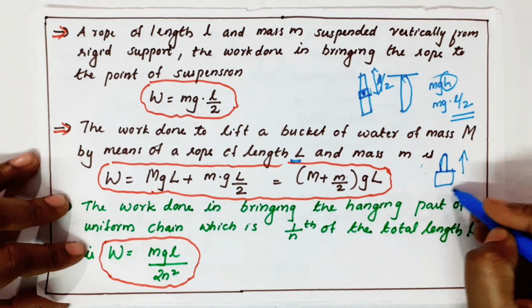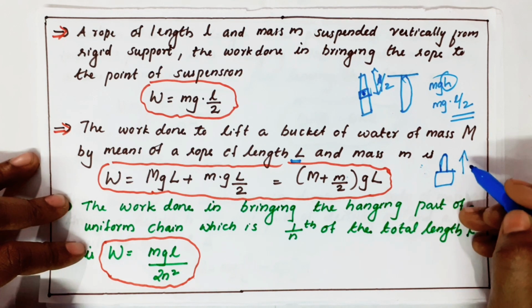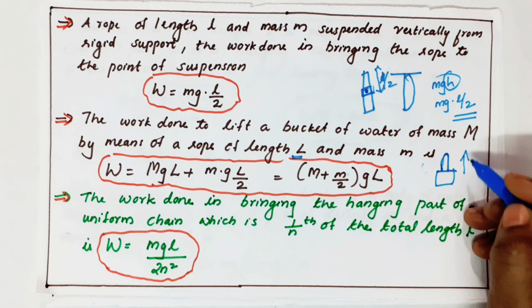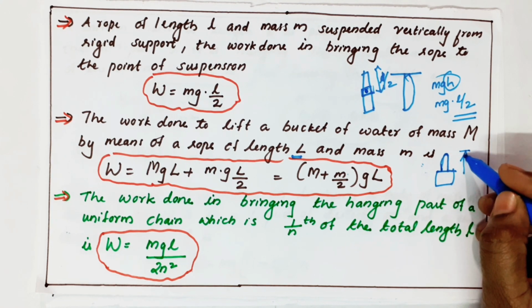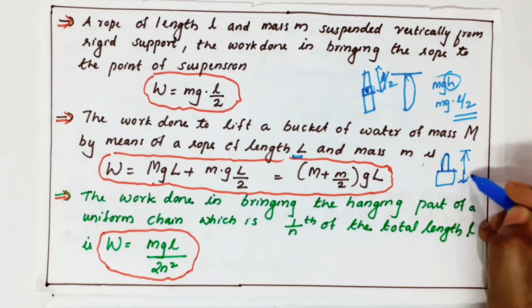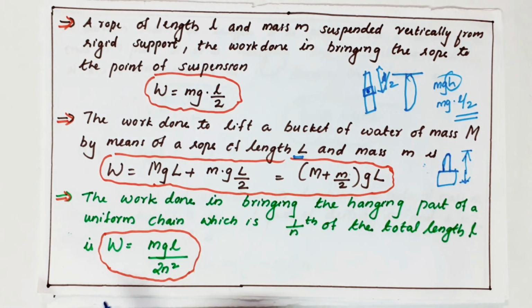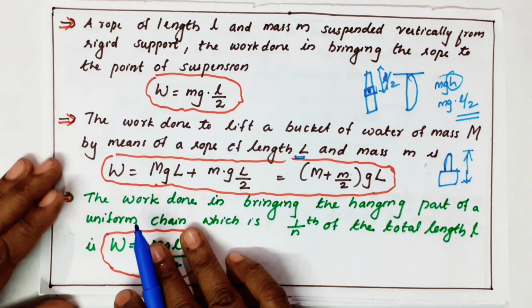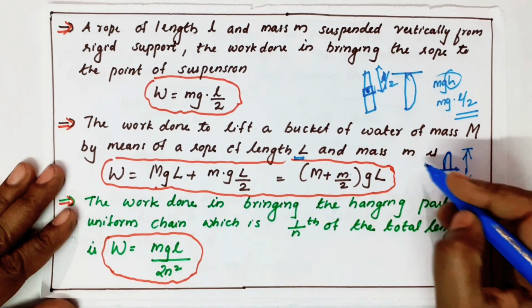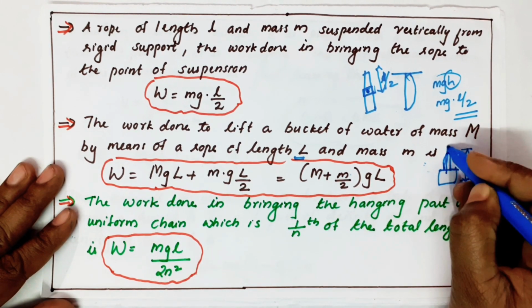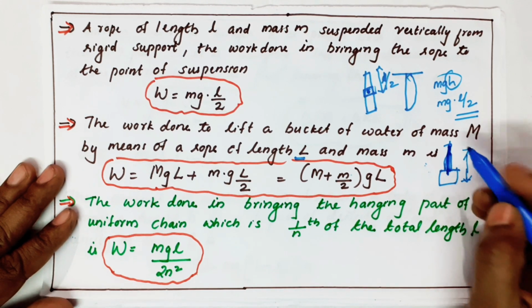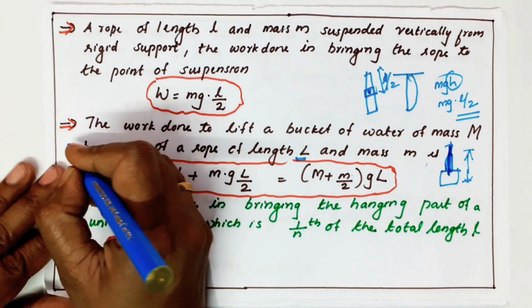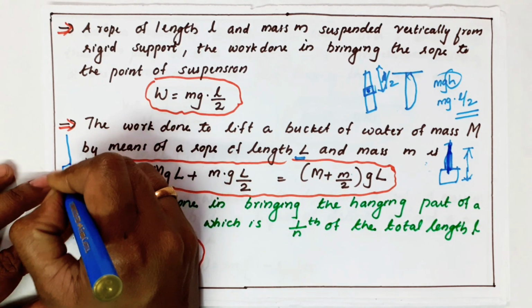First we have to take the bucket. Okay. When you are taking the bucket, we have to see what is the distance from the center of the bucket to this total. So that is mgL. But when you are taking the rope, just now I told you, it is nothing but you can take it like a linear rope also, no problem. This is the rope. Okay. So in this rope, here there is a bucket.